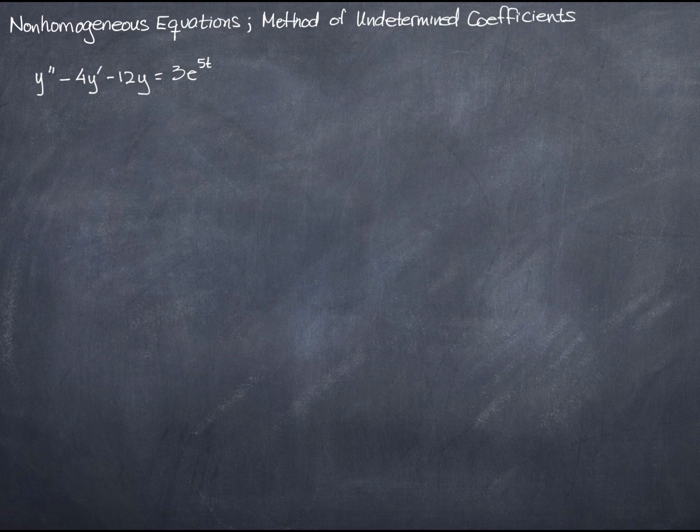Okay, let's say you're asked to find a particular solution to this non-homogeneous second-order linear differential equation. Recall that solutions of non-homogeneous equations will take this form: C1 y1 plus C2 y2, where y1 and y2 form a fundamental set of the corresponding homogeneous equation, plus some solution to the non-homogeneous equation.